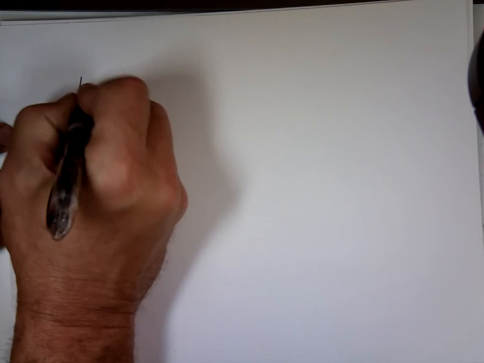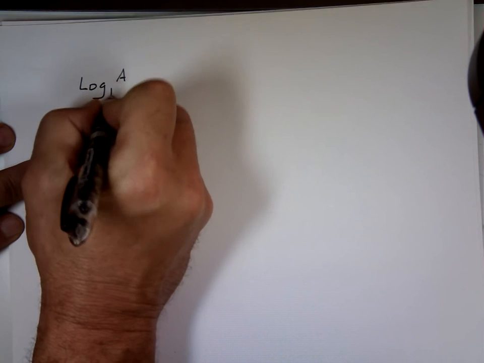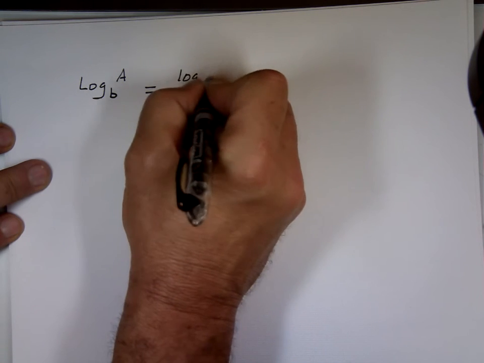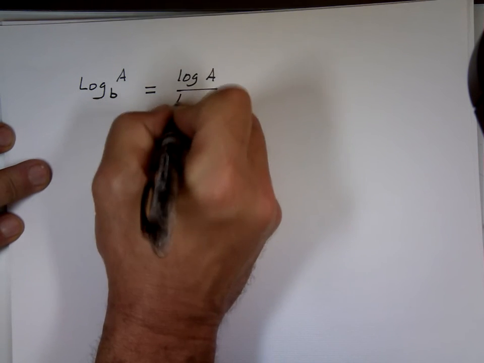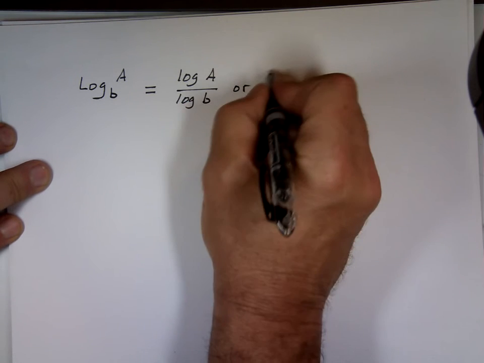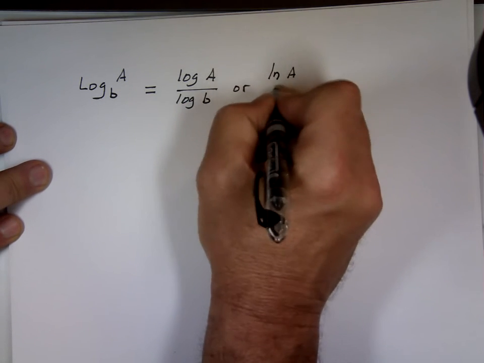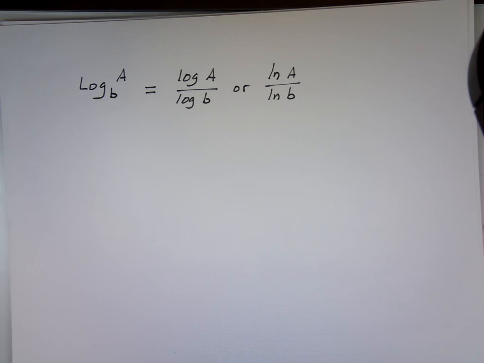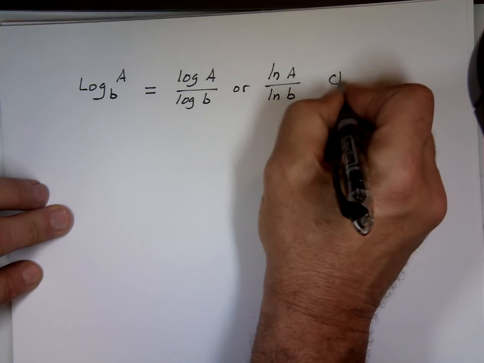It says if we ask you to find log A base B, you can find that by doing the log of A over the log of B, or the natural log of A over the natural log of B. That's known as the change of base rule.